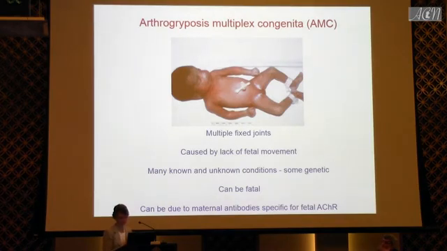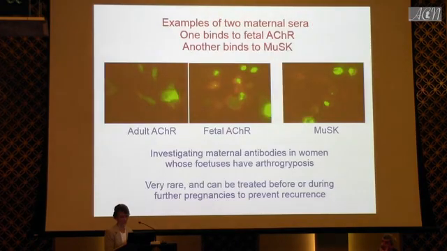It can, in some cases, be due to maternal antibodies, and those antibodies are specific for the fetal form of the acetylcholine receptor, so that they cross the placenta and paralyze the baby. There have only been a few cases studied, of which we were probably the only ones, but it is important to think about this diagnosis if you get babies with this condition.